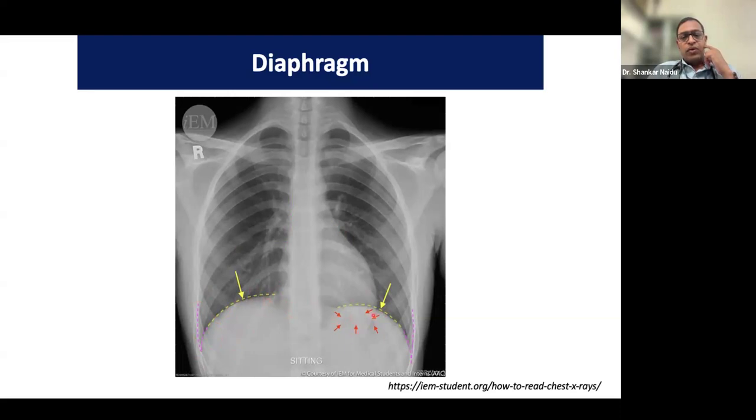And apart from the diaphragm, you need to look at the subdiaphragmatic space, especially on the left side for the gastric gas shadow. And also the costophrenic angles have to be seen. So costophrenic angles, that is between the diaphragm and the pleural surface.